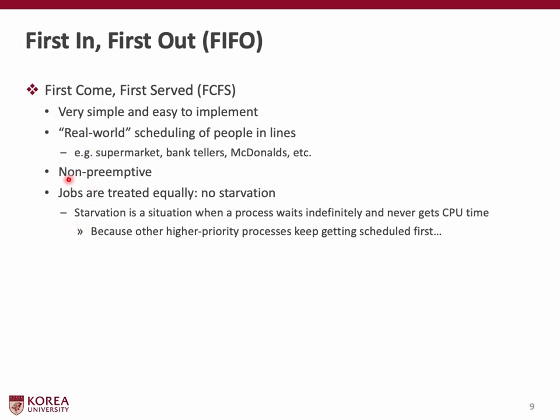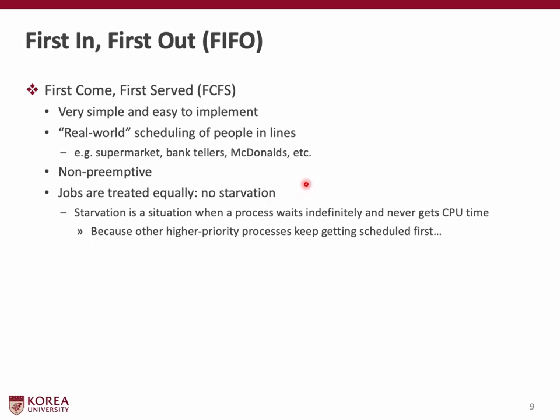And this scheduling is non-preemptive, which means a task runs to completion without any interrupt. And one nice thing about FIFO is that it's easy to implement, and it can avoid a problem called starvation.